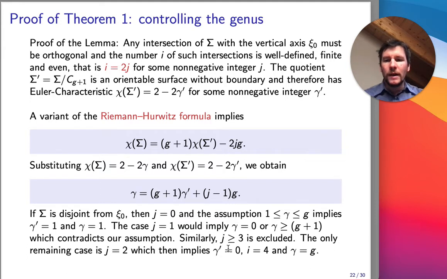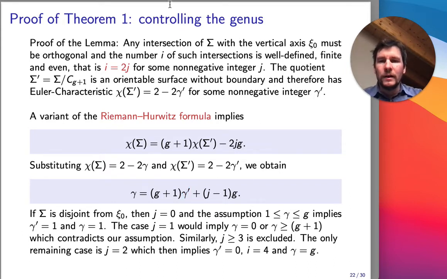So therefore, the only remaining case where this is actually solvable is that j is equal to 2, so that means the number of intersections, which is 2j, is equal to 4. And in that case, what do we have here? We have g here and gamma that lies between 1 and g. So gamma must be g and this gamma prime must be 0. Okay, it's the only way that you can solve this.